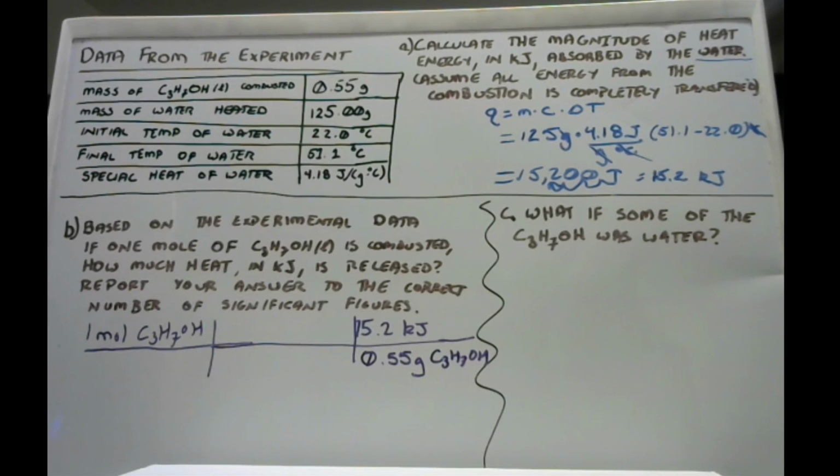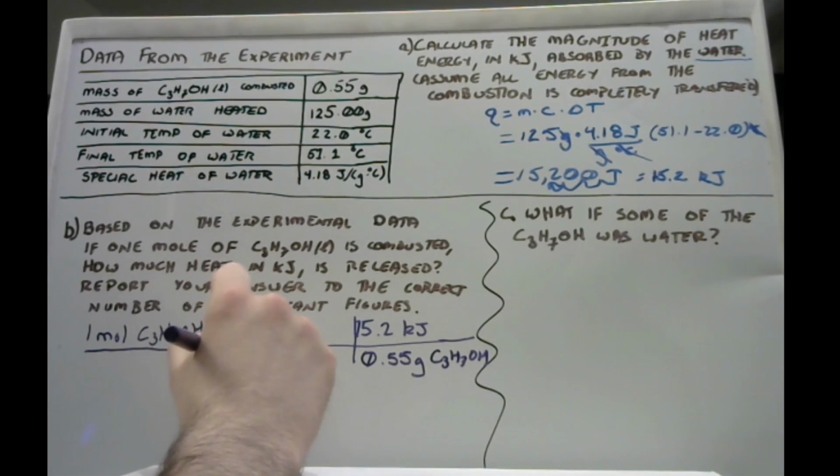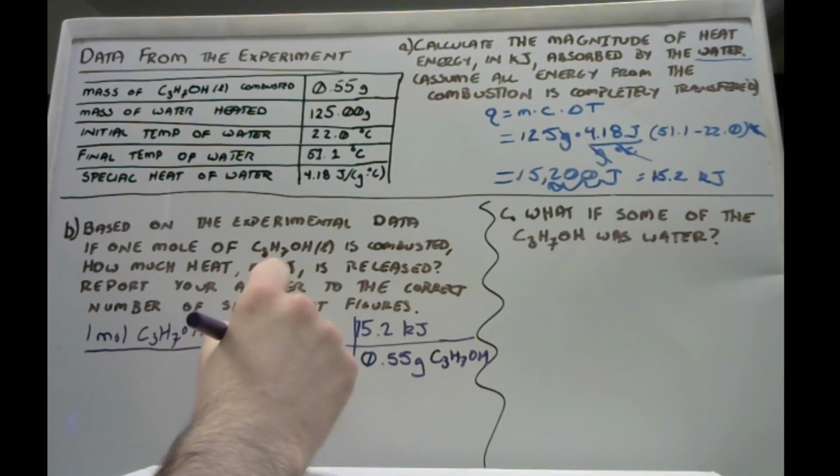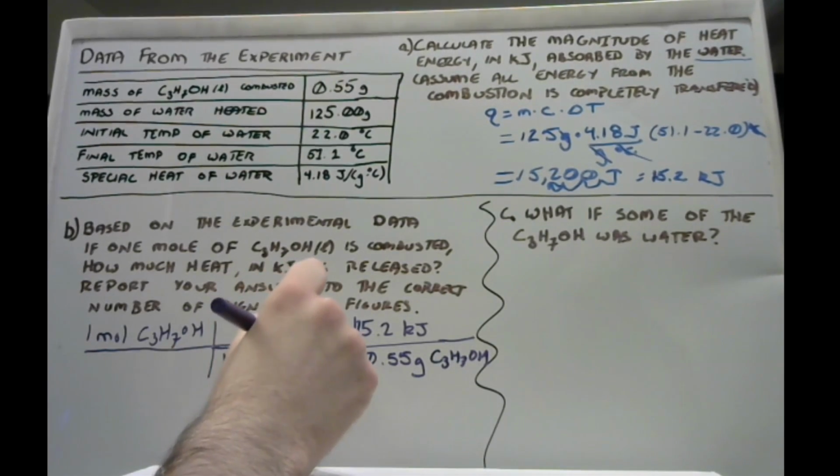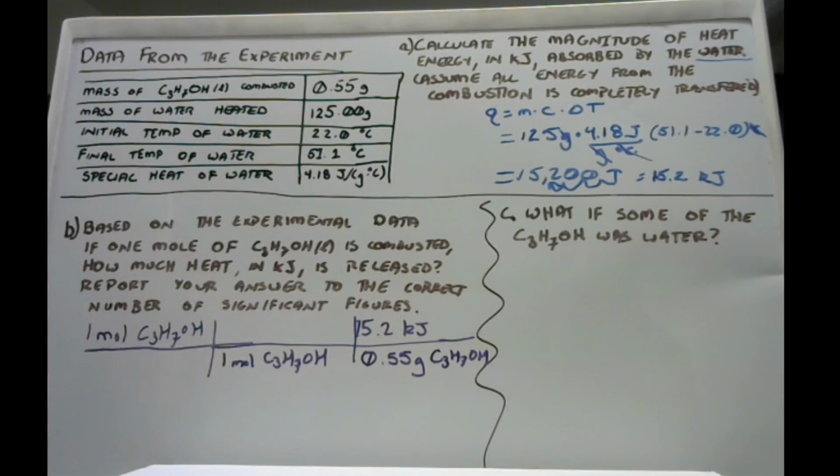So my units don't cancel right now. I have grams, I have moles, those don't cancel out. So all I need to do is be able to get between grams and moles. Well, I know how to do that. The molar mass allows us to convert between grams and moles willy-nilly. So I have to add up all my particles.